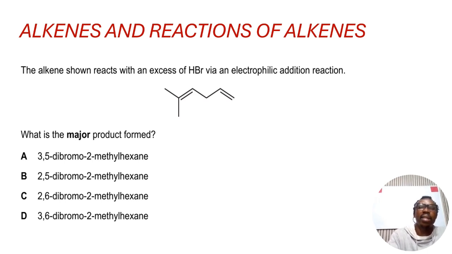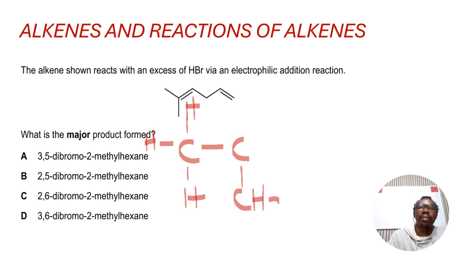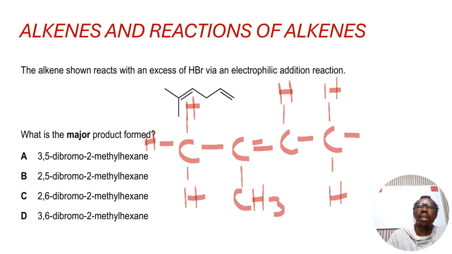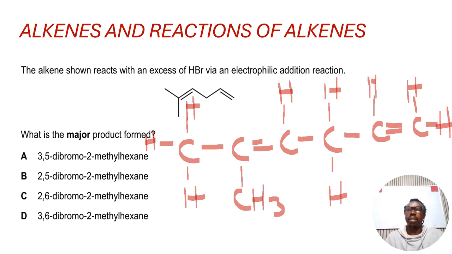So the display formula, this is CH3, C, then CH3, double bond C, then you have H, single bond C, you have this CH2, then you have C, CH, double bond, you have H and H. Now, this is the display formula of the molecule before us.